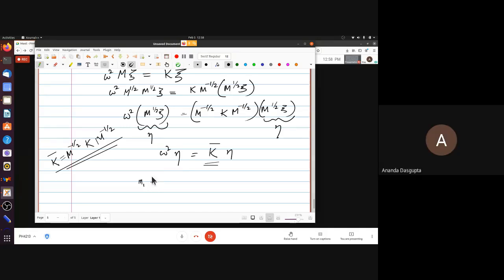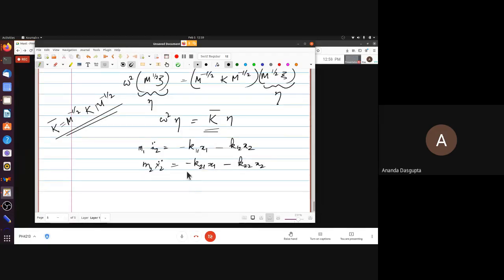So suppose I had a set of equations like this: m1 x1 double dot equals minus k11 x1 minus k12 x2, and m2 x2 double dot equals minus k21 x1 minus k22 x2. I'm just using two variables here to keep things simple. How do you proceed here?